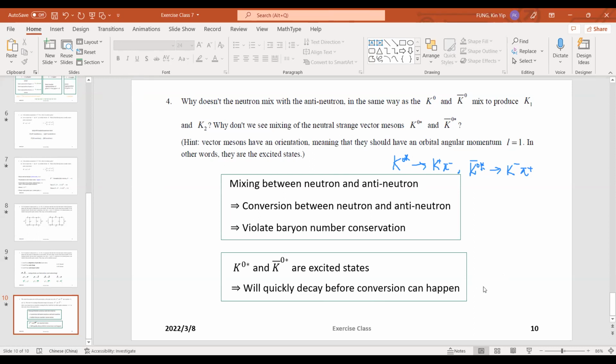Right, but the K naught also decays. And that means it decays slower than the conversion. Yes, but why does the K naught decay slower? Yeah, I see your point, but I wouldn't know that. What we are doing here is just trying to explain what we see.